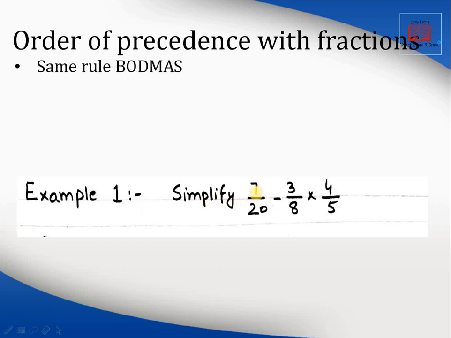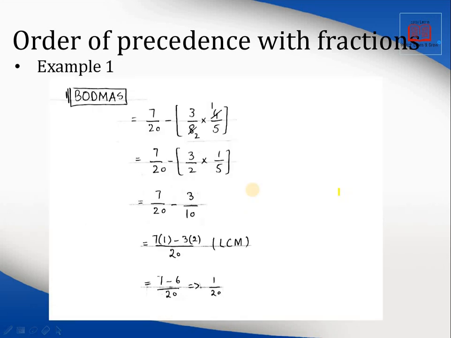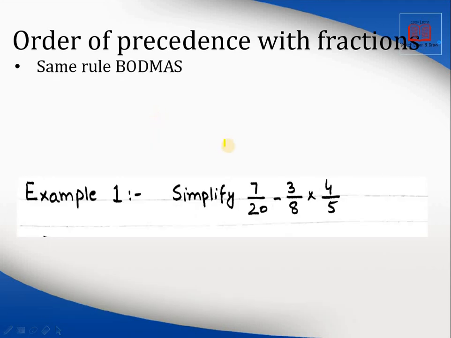Simplify 7 by 20 minus 3 by 8 multiplied by 4 by 5. The BODMAS rule is used, and 7 by 20 stays as it is. According to the BODMAS rule, M stands for multiplication, so we have to first solve the multiplication.